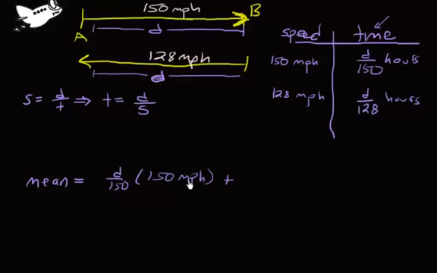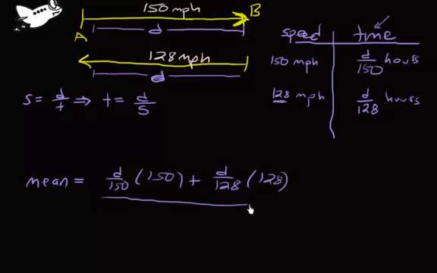And then you're going to add that. I guess I don't really need the units here, because all the units will cancel. All right, and then you have how many hours worth of going 128 miles an hour. That's going to be d over 128 times 128.